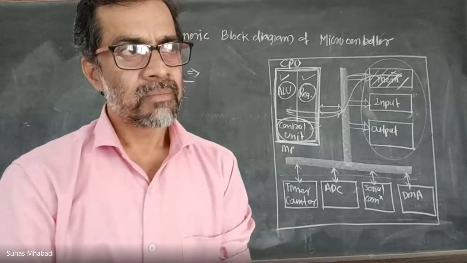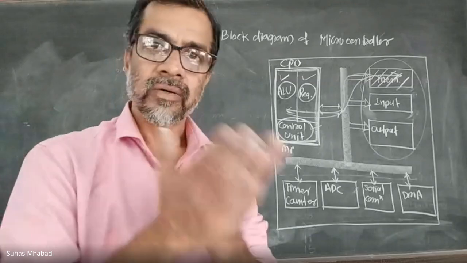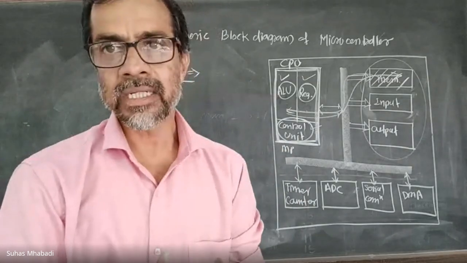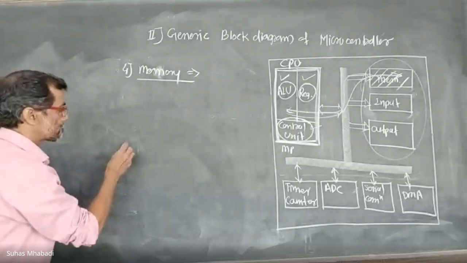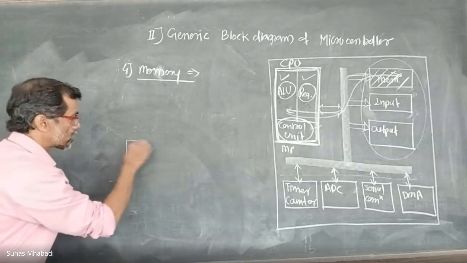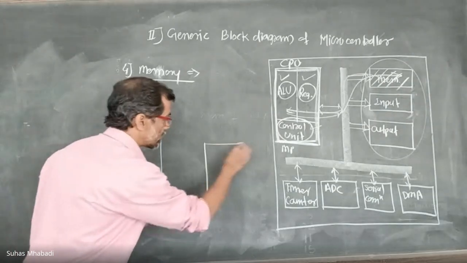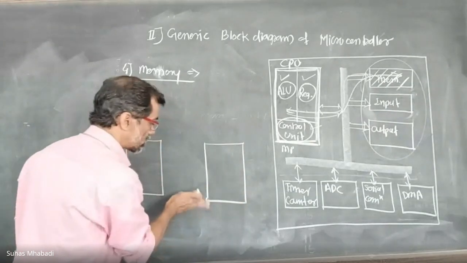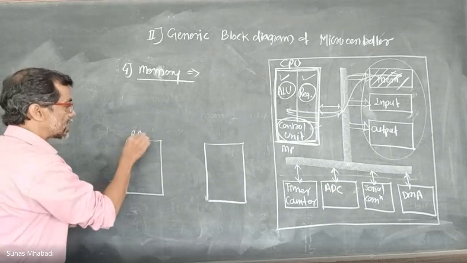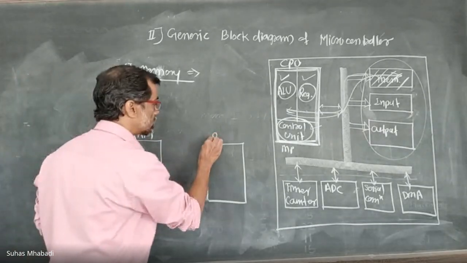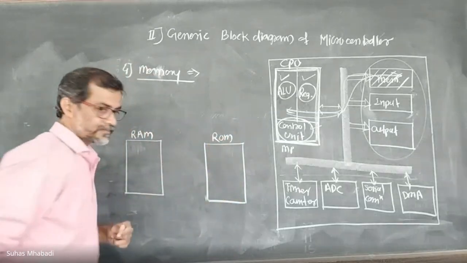But broadly, a controller consists of two memories, RAM memory and ROM memory. So this is random access memory, and this is read only memory.